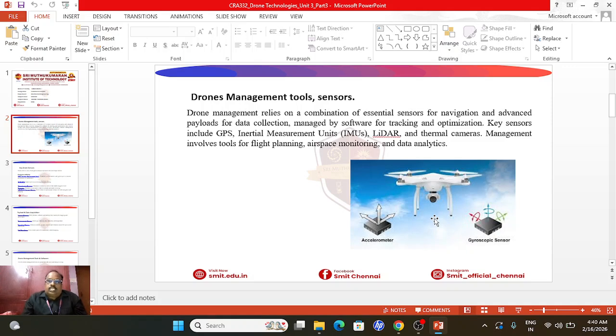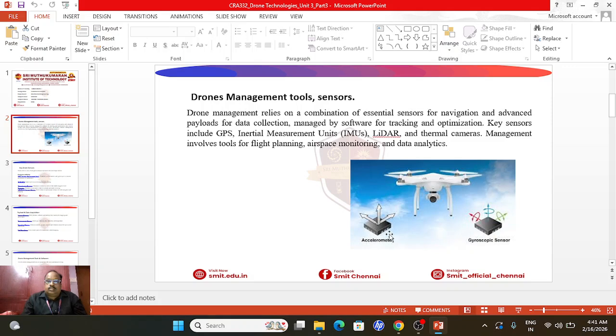The key sensors include the Global Positioning System as well as the inertial measurement units. Inertial measurement units are used for positioning the sensors in the lidar and the thermal cameras. The management also involves tools for flight planning, airspace monitoring and data analytics.